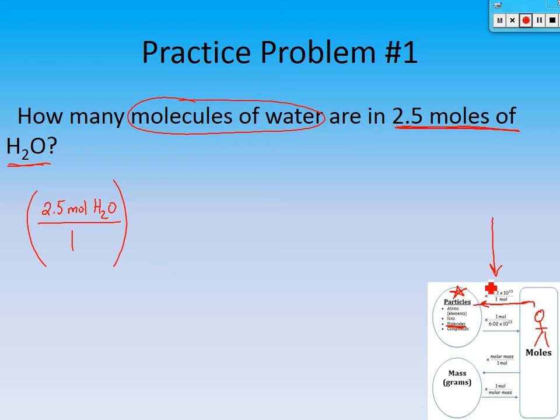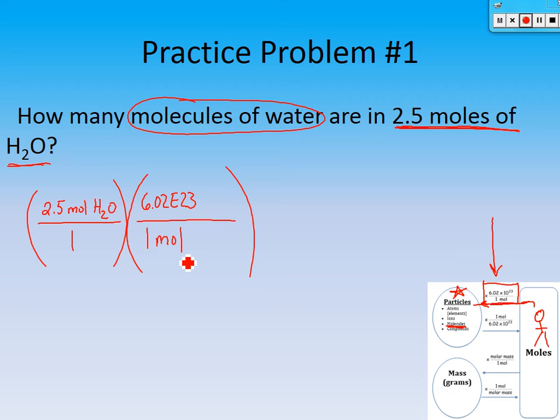So what that means is we're going to times our number by this term, this conversion factor on top, which says we're going to times it by Avogadro's number on top divided by 1 mole. Okay? So let's make a new conversion factor here. And you just look at the roadmap. It says Avogadro's number goes on top, and 1 mole of the substance goes on bottom.